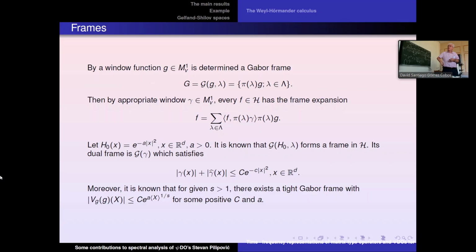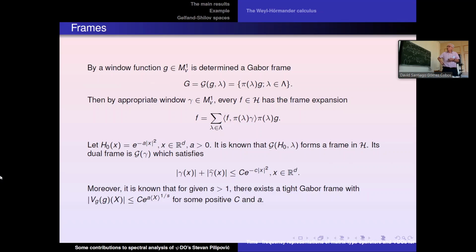So, what are the best Gabor frames? This question was studied by the school of time frequency analysis and discussed in many papers. So you see that one can start with just the first Gaussian, or the first function of the Hermite expansion, H0. Let me say this is H0, as it is written here.